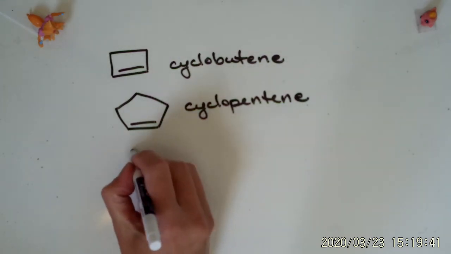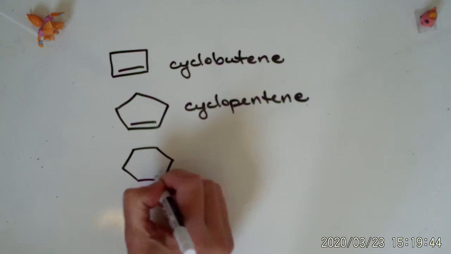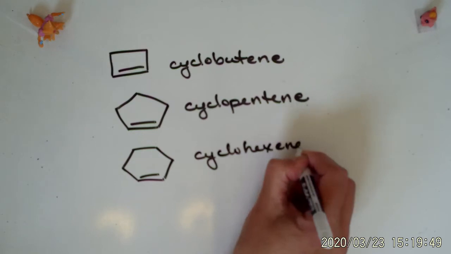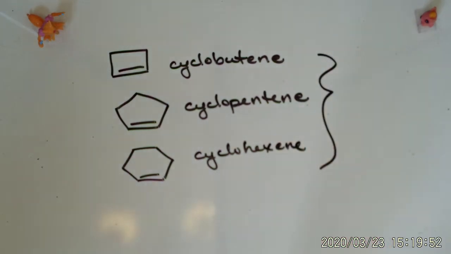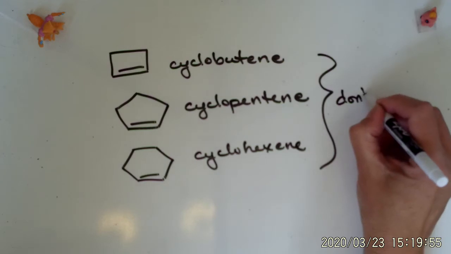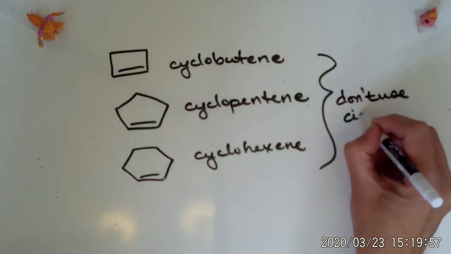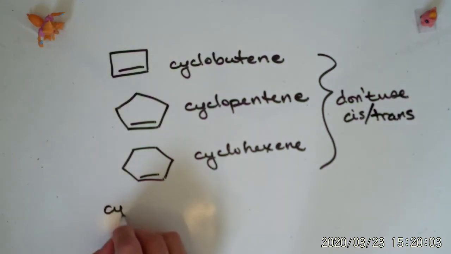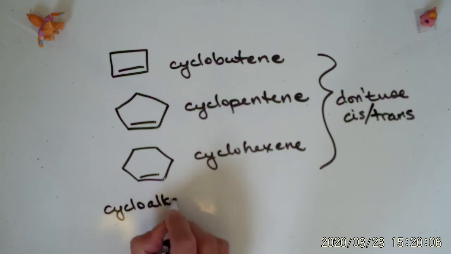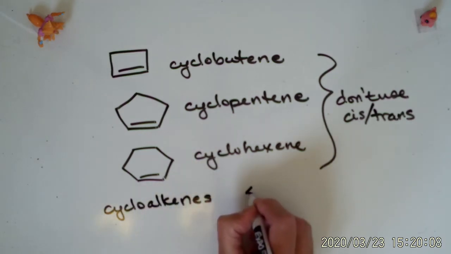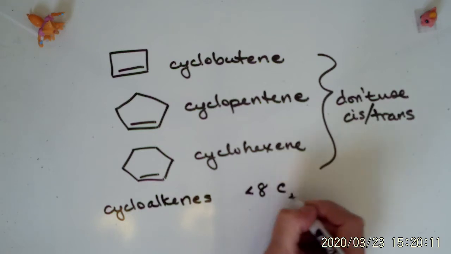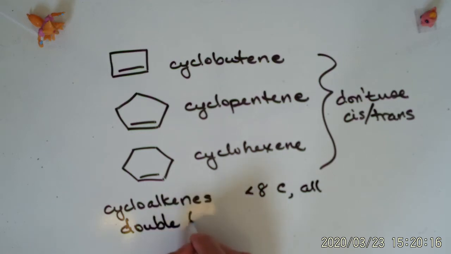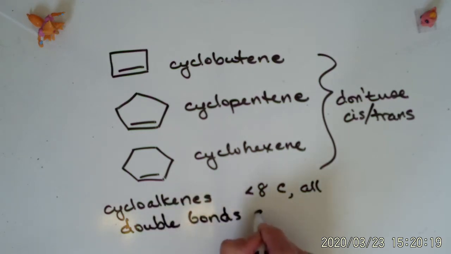And then we have cyclohexane. But notice the one thing is when we name these, we don't use cis or trans. And the reason is for rings, for cycloalkenes less than 8 carbons, all double bonds are cis.